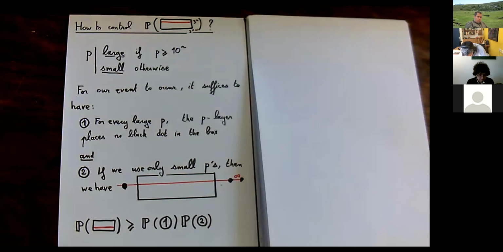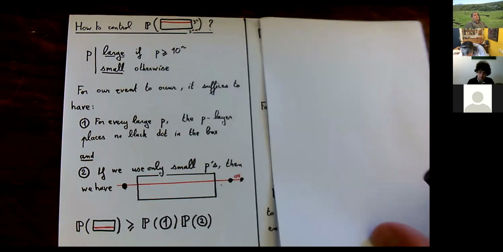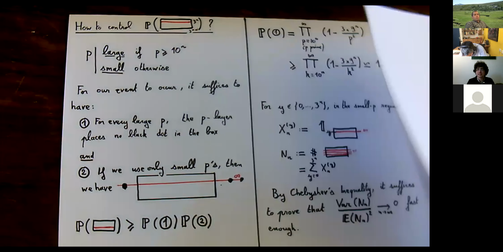So the probability of this event is larger than the probability that both events occur. And since the P layers are independent, the probability of the intersection is the product of probabilities. The probability of 1 is easy to estimate.